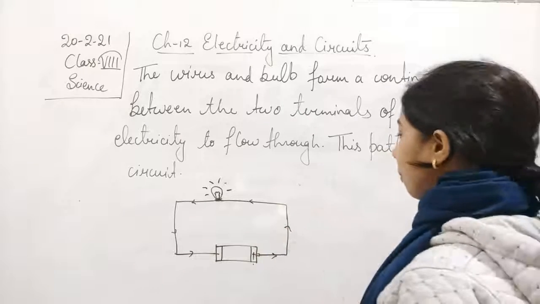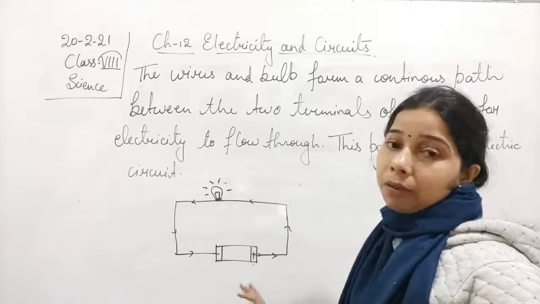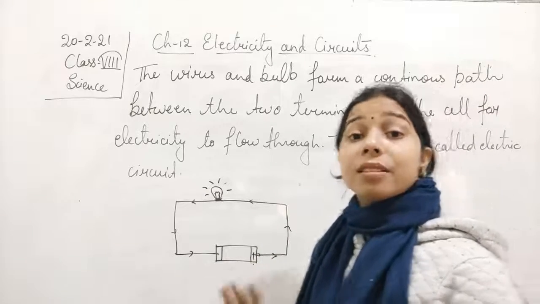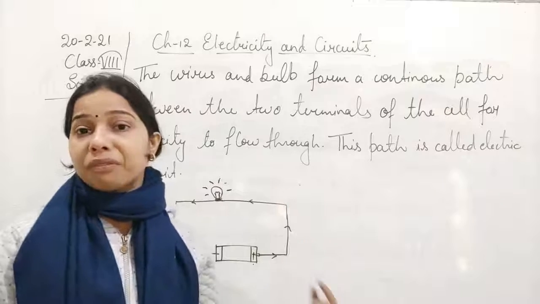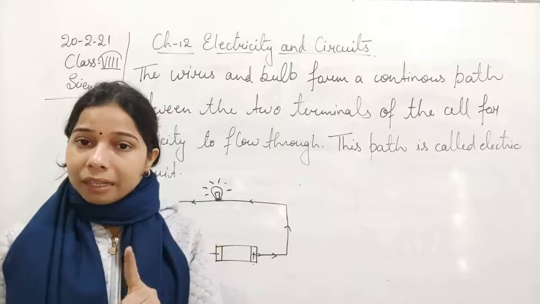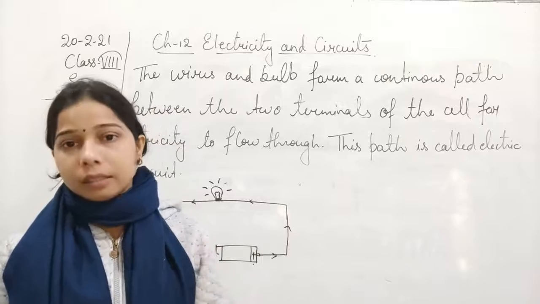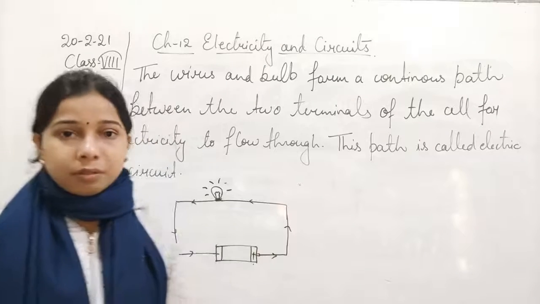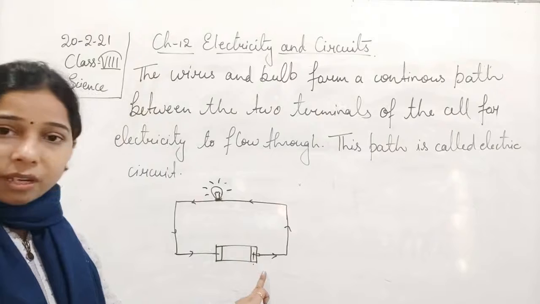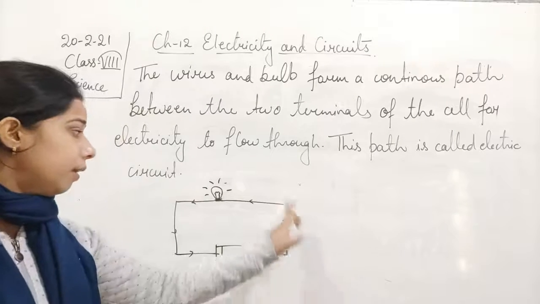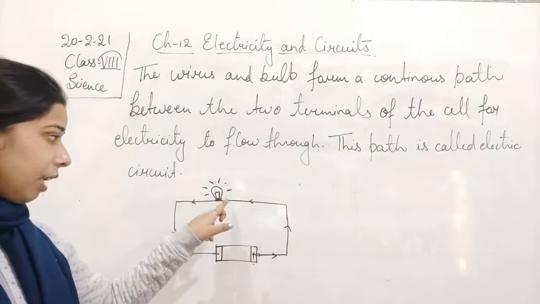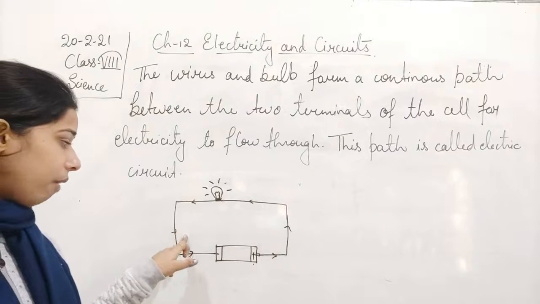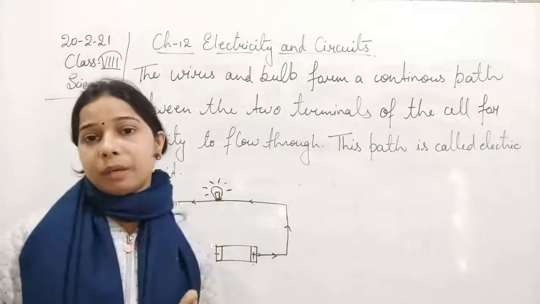So this continuous path makes a circuit. What is a circuit, students? A circuit is a continuous path of electricity from one terminal of the cell to the other terminal, that is an electric circuit. The electric current starts from here and reaches the electric bulb, and from the filament it comes back to the wire and reaches the other terminal of the cell.